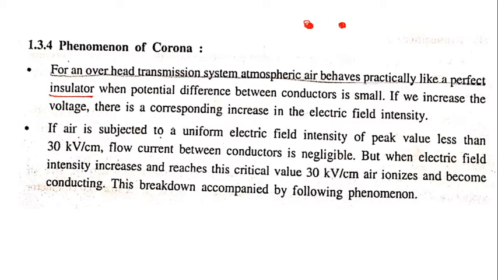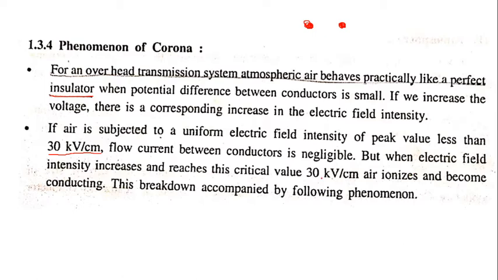So if air is subjected to a uniform electric field intensity of peak value less than 30 kilovolt per centimeter, you need to remember this term, the flow of current between conductors is negligible. This is the limit where we can neglect the current between the two conductors, or you can say the electric field intensity is within limits.